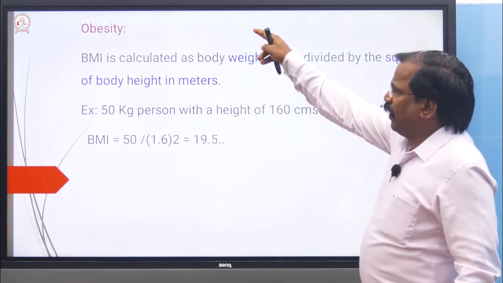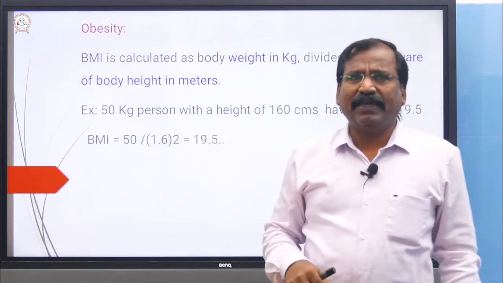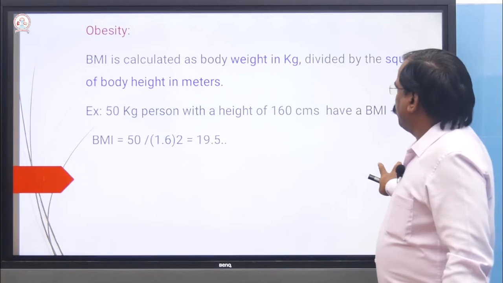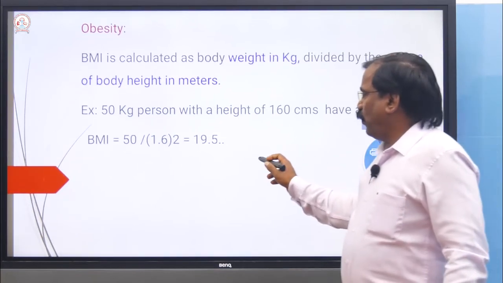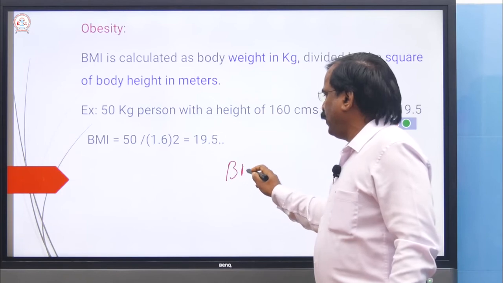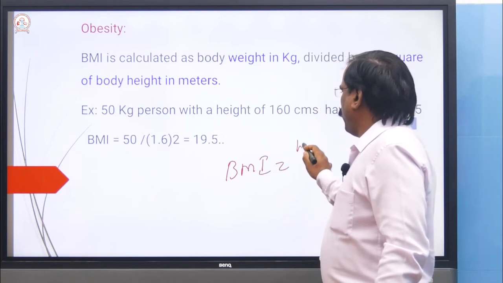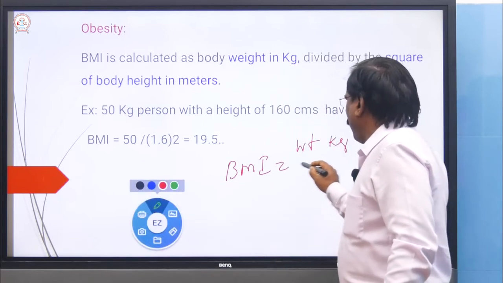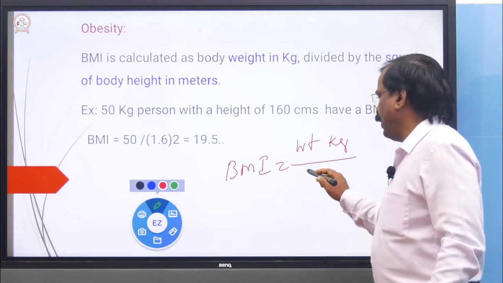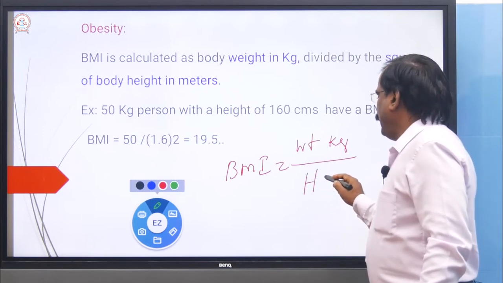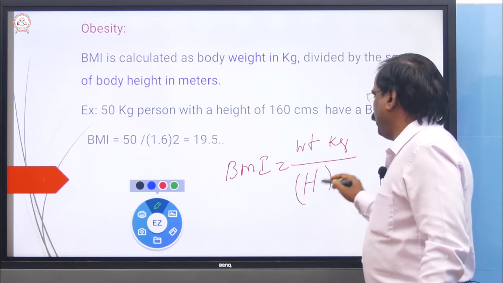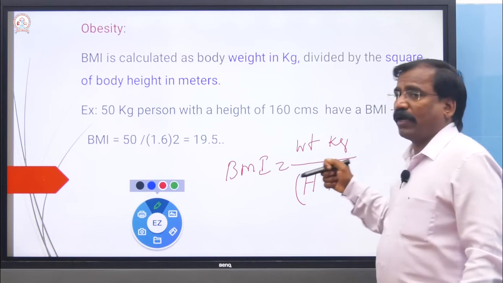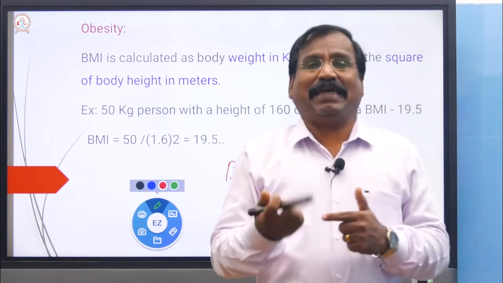Listen, see the formula. The BMI formula is equal to weight in kilogram divided by height in meter square.